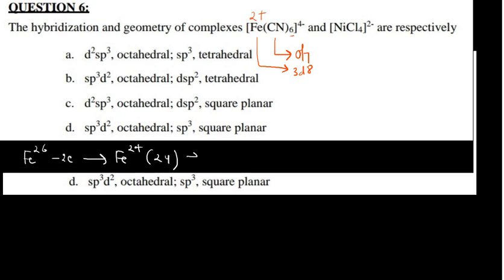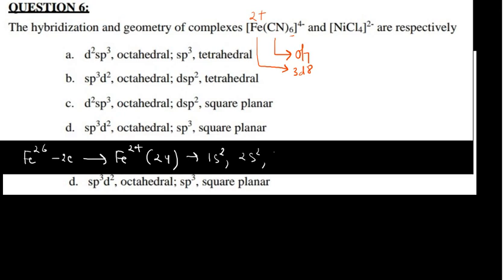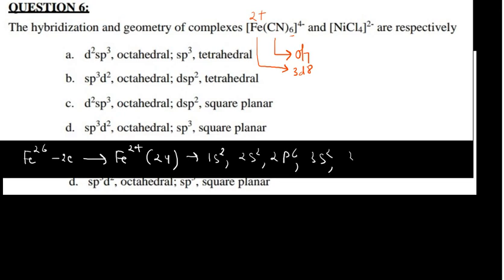And for 24 electrons, it is 1s2, 2s2, 2p6, 3s2, 3p6 and 3d6. Okay, it is a 3d6 system actually, right? It's a 3d6 system.